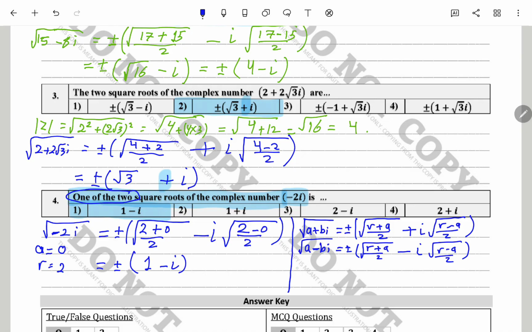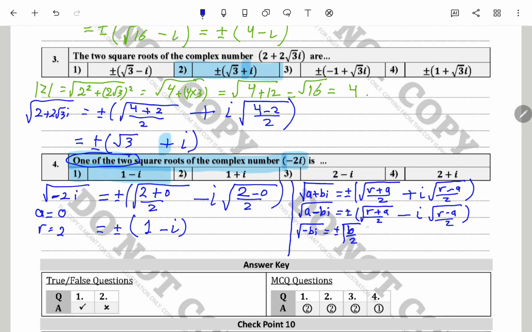Now if you have a pure imaginary number, for example minus bi, that means a is 0, so it is easier for you to start by plus and minus, open a bracket, open your root, writing b divided by 2, and then open a bracket, including 1 minus i if you have negative here.